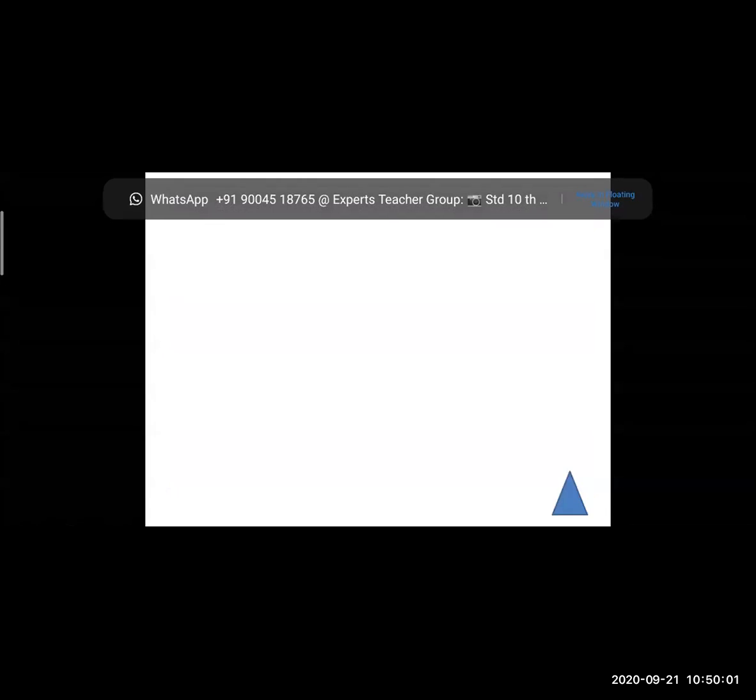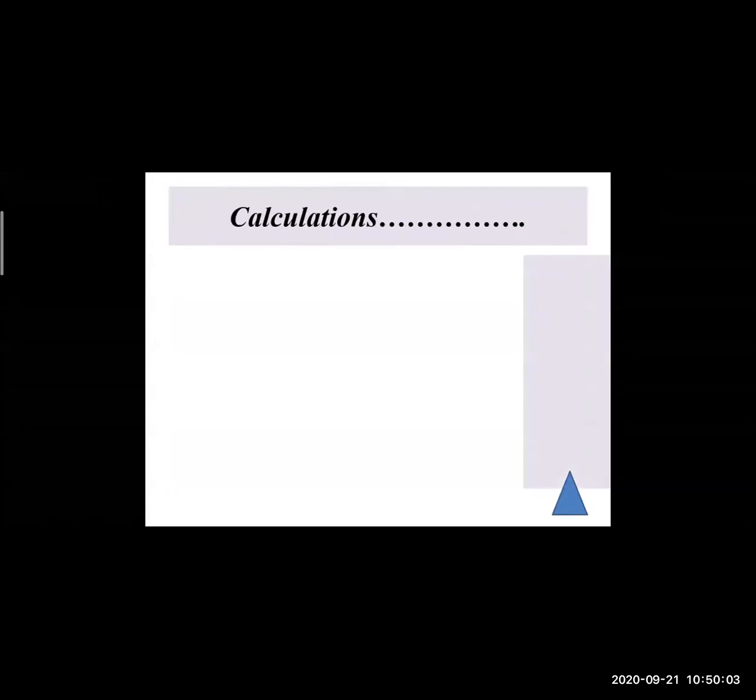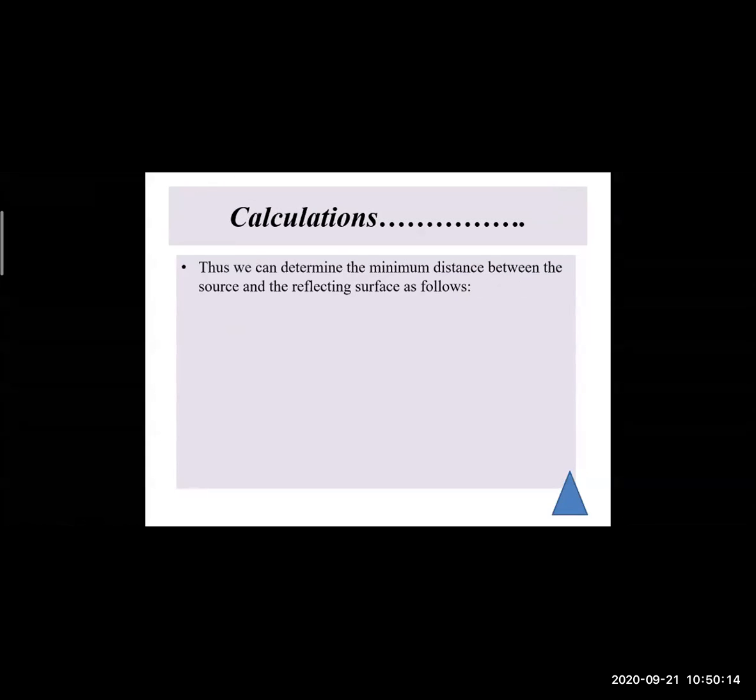So the timing is 0.1 second, and the velocity of sound in air is 344 meter per second. Now we will calculate and establish the distance between them.